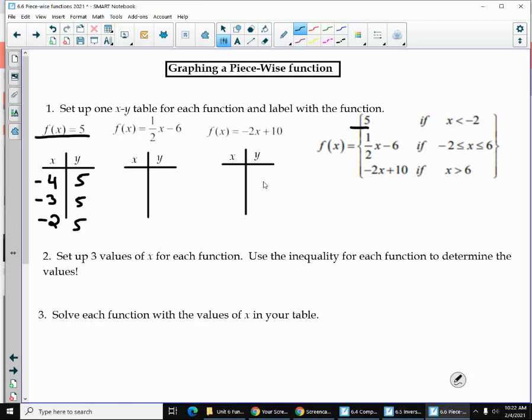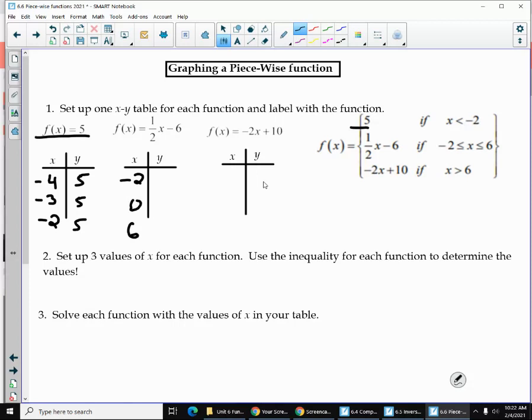Okay, let's look at the middle function. f of x equals 1/2 x minus 6 when x is between -2 and 6. So this will be between -2 and 6, and I'm going to put 0.